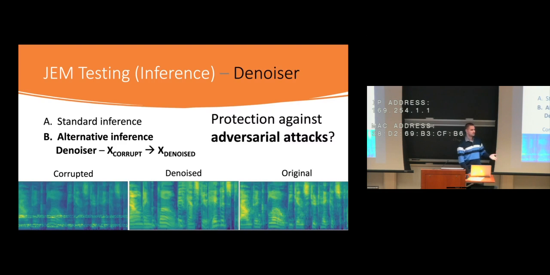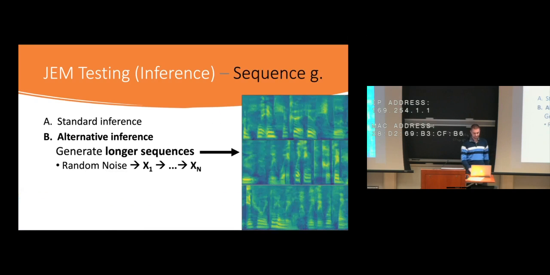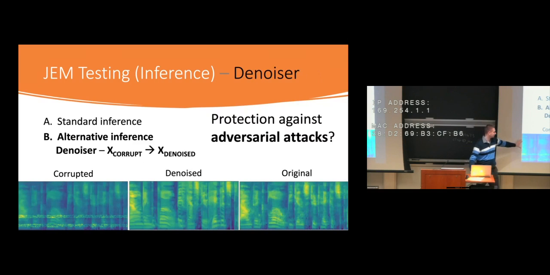Right now, with Najim, I'm trying to see whether this can also be applied to protection against adversarial attacks. The next thing is that the way you saw it last time was that I used that model on the whole recording by using it on each frame.